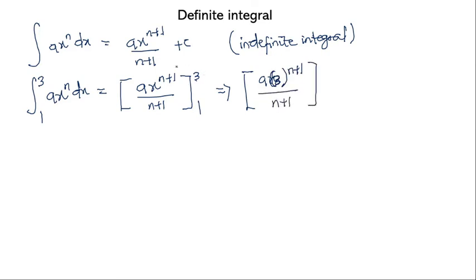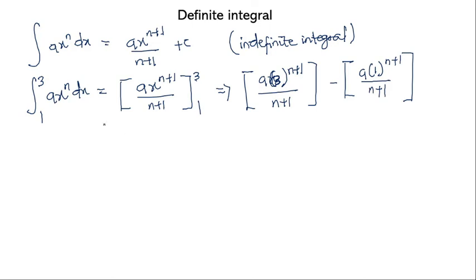That is for the first one. Then minus, we subtract the lower one from it, so that will be a multiplied by 1 raised to the power n plus 1 all over n plus 1. So this is the format it goes.